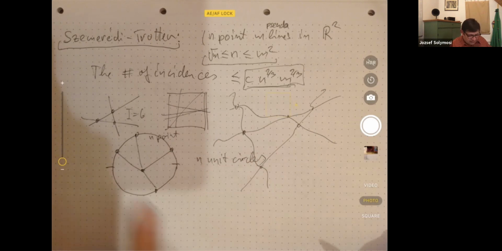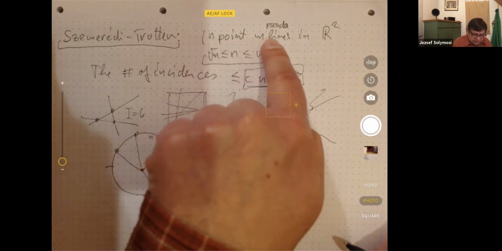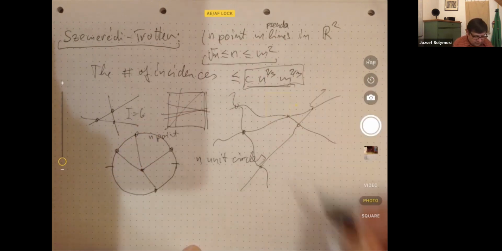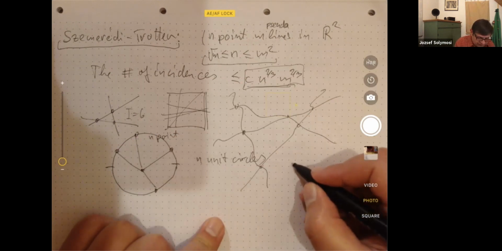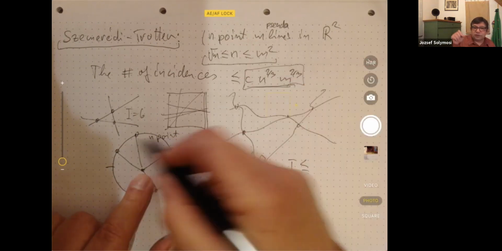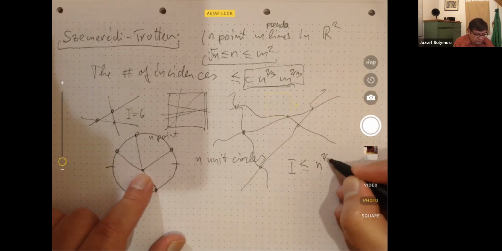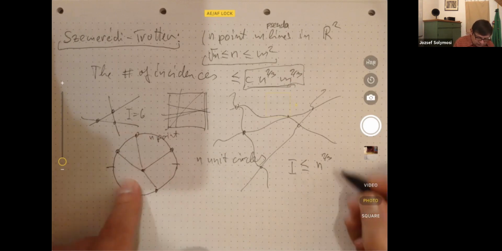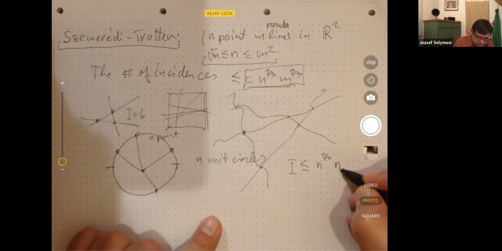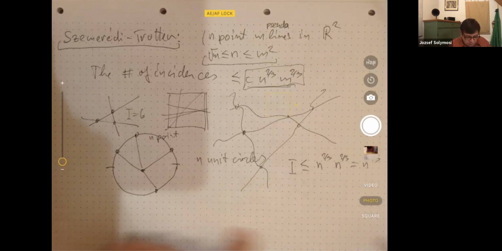So if they are pseudo lines now, as we want, and we can apply the Szemerédi-Trotter theorem, then it means that the number of incidences is smaller than, we have n points, n to the 2/3, and around every point we had a unit circle, that's also n to the 2/3. So this is n to the 4/3.